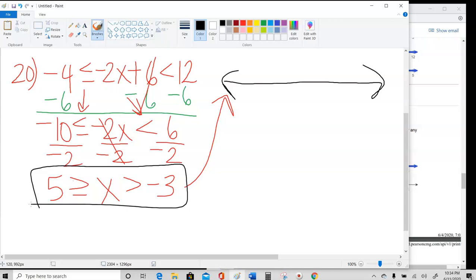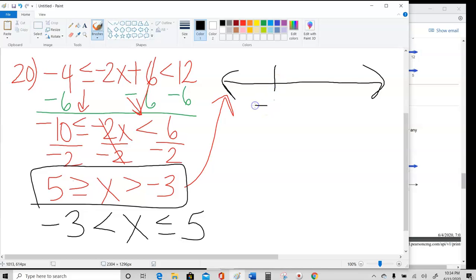Now when you turn the sheet of paper around, then it's going to look like negative 3 is less than x is less than or equal to 5. It's just taking something and just spinning it, turning it around.